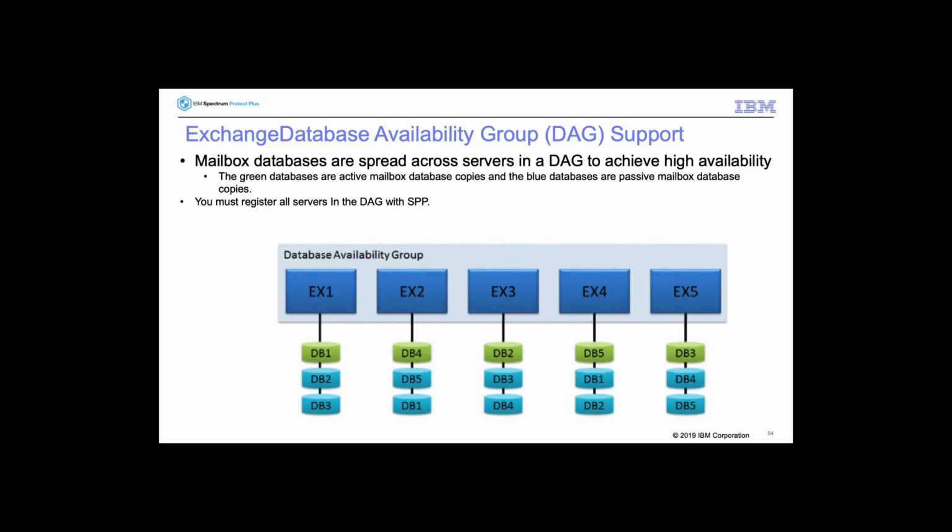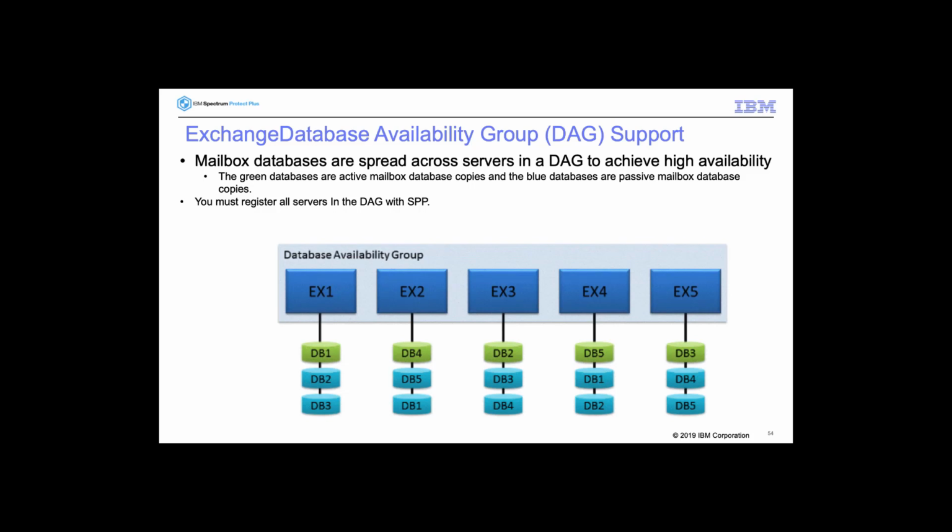With the Database Availability Group, the mailbox databases are going to be spread across several different servers. And you're going to have active databases on some servers, and the rest of the databases are going to be passive mailbox database copies. If you are backing up a DAG with Spectrum Protect Plus, we do support it.